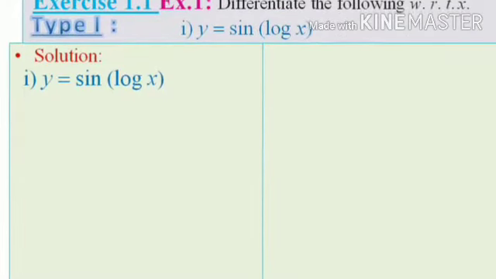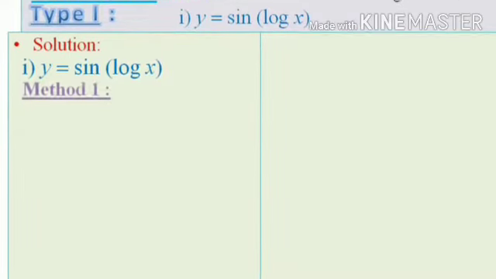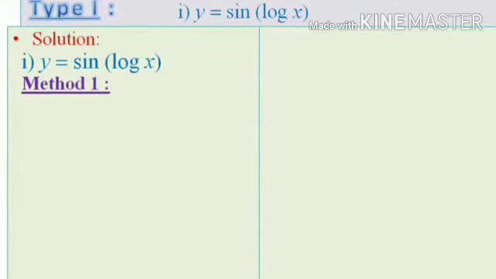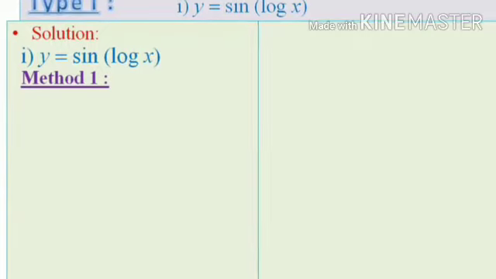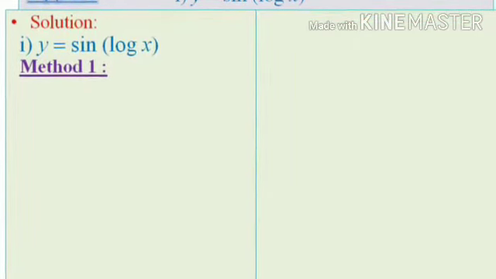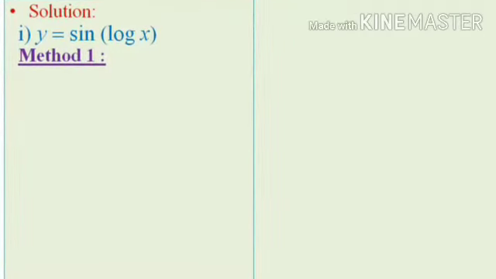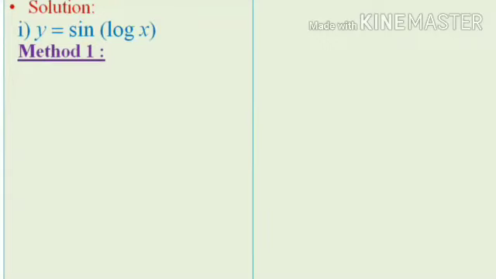There are two methods to solve differentiation of a composite function. The first method is derived from the composite function theorem which we discussed in the last video, and the second method is the direct method, which we will also discuss here.